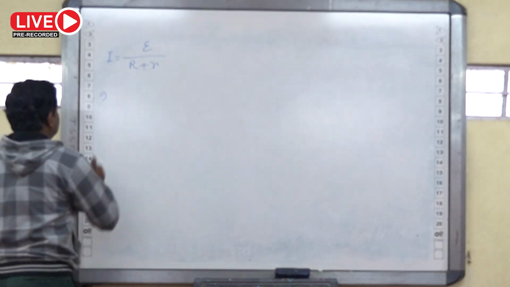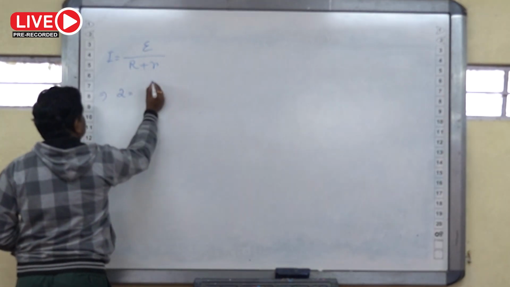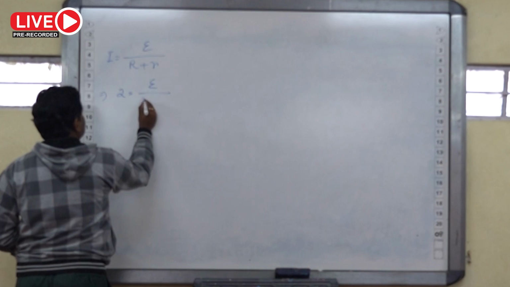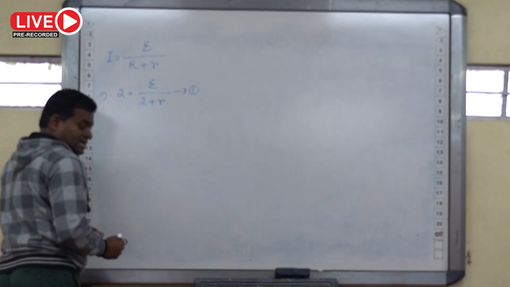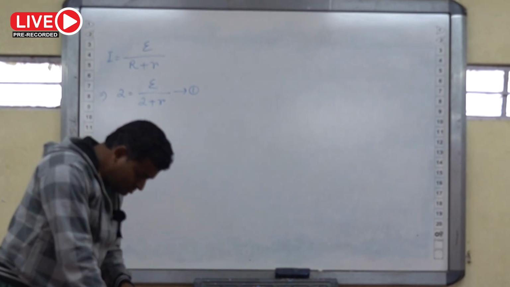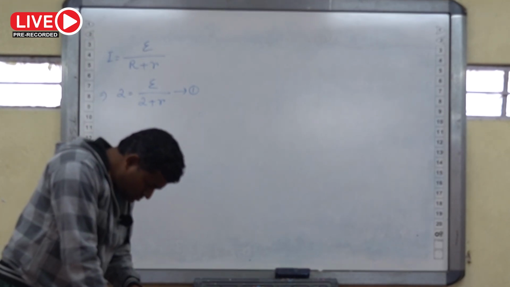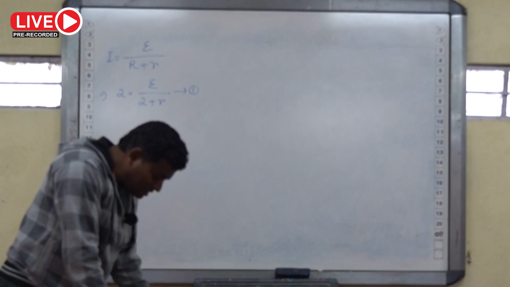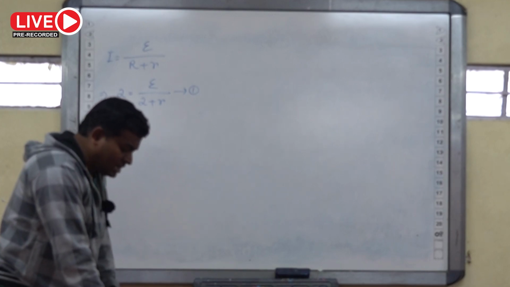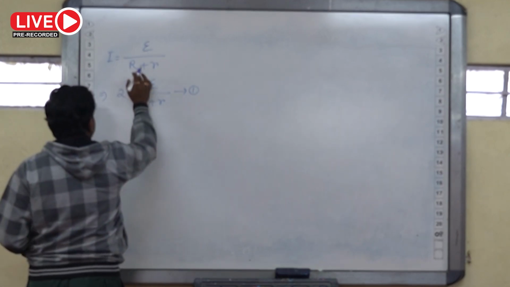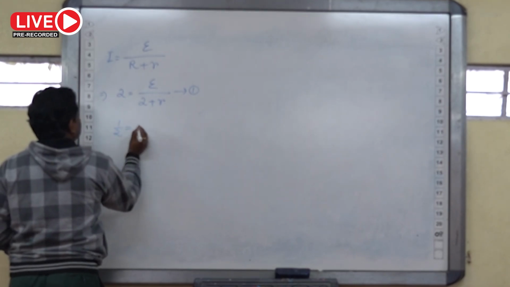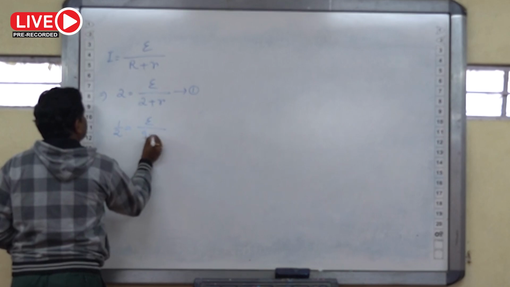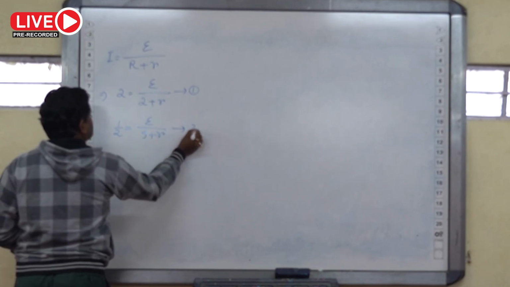So 2 equal to E by 2 plus r. This is your first equation. Second equation: 0.5 ampere current flows across 9 ohm resistor, because if R is changed to 9, current will become 0.5. 0.5 means half, equal to E by 9 plus r. So these are two equations.